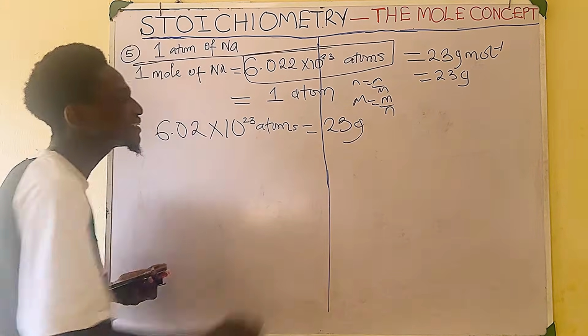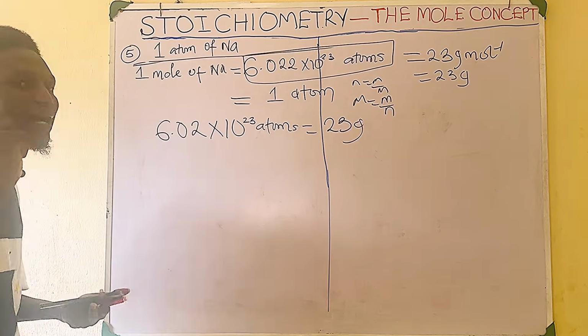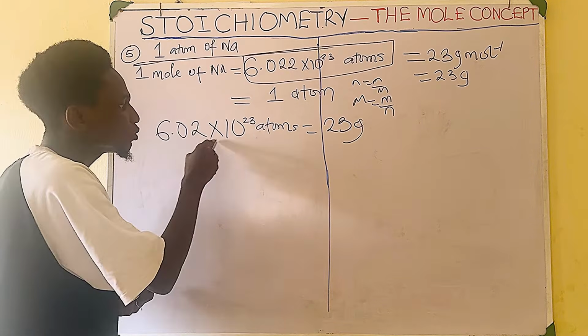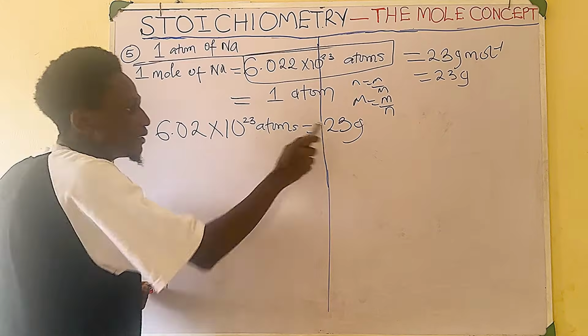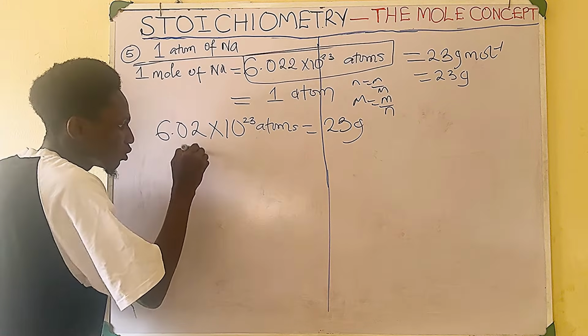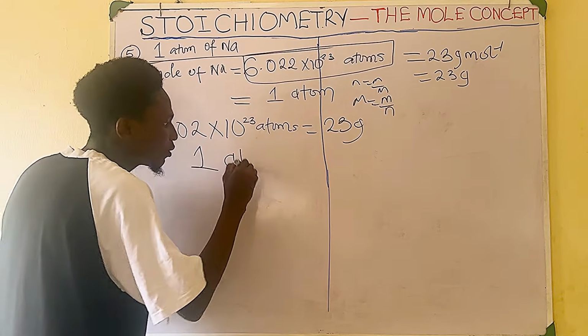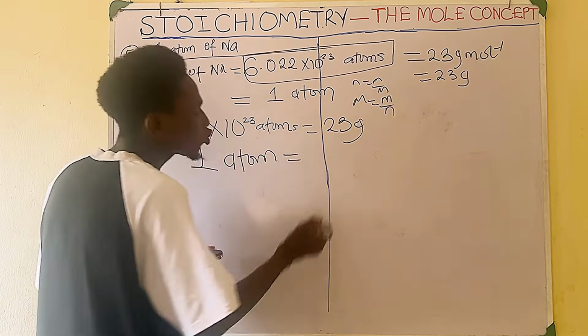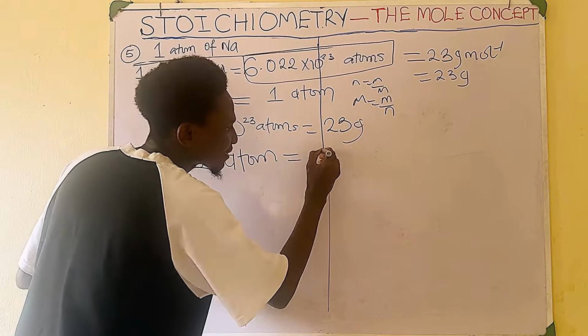So the mass in 1 mole of sodium atoms, which equals 6.02 times 10 to the power 23 atoms, is 23 grams. Then the mass in one atom will now be what? One atom equals X grams.